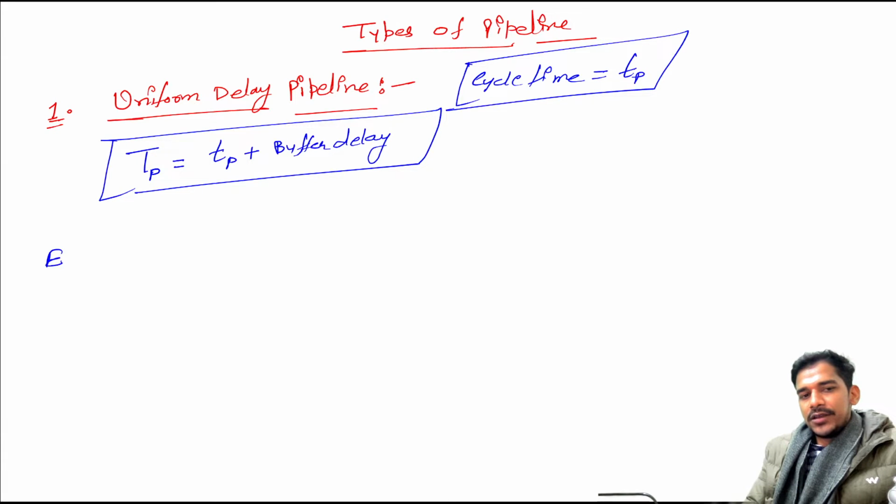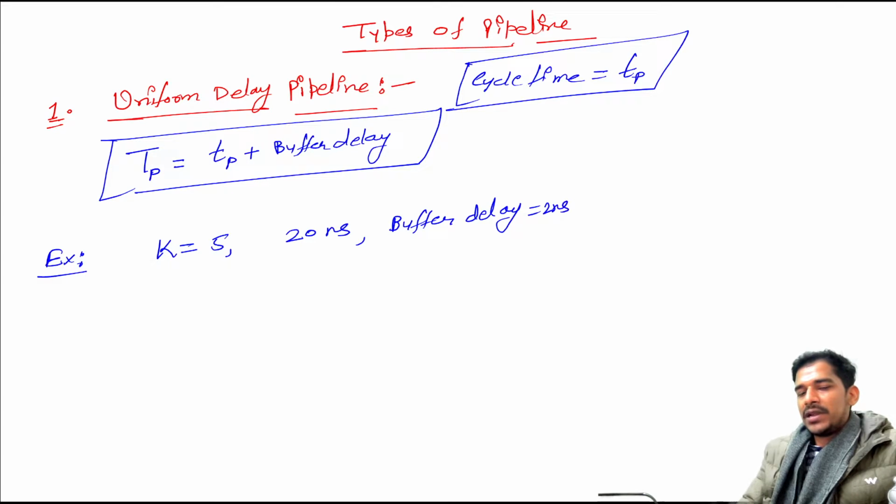For example, let us say you are given a system in which you have 5 stages and each stage takes 20 nanoseconds. It will be given in the question like this: each stage takes 20 nanoseconds. That means it is a uniform delay pipeline. And let us say there are buffers between the stages and the buffer delay is 2 nanoseconds. How much time will it take to execute 100 tasks on this pipelining processor? You will apply your formula: execution time in case of pipelining will be k plus n minus 1 cycles, and the cycle time will be TP.